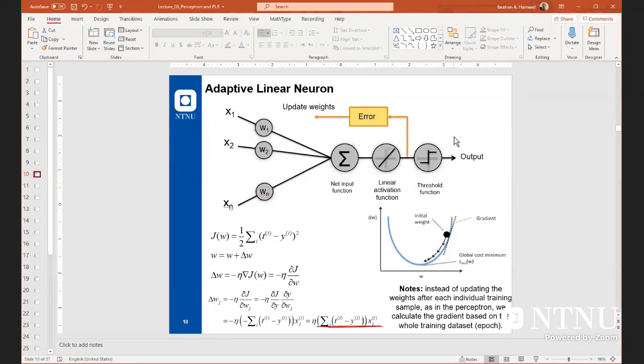Y will be the annual income, x will be the years of experience, m is the slope of the line, and c is the intercept with the y-axis. So in fact, we can find a regression line. But if you want to use this problem for classification, how can we do it? We need to add this threshold function. This threshold function will convert this continuous output into two values, maybe +1 and -1.